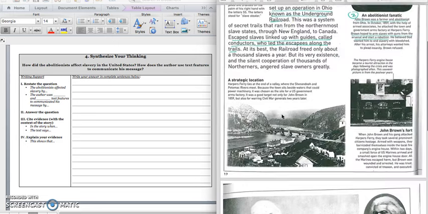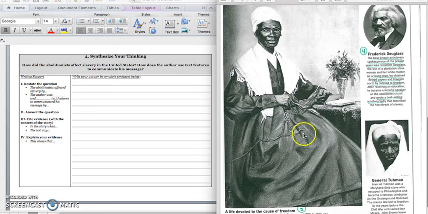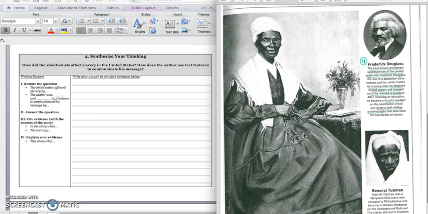I might choose Sojourner Truth just because her picture is so large, and we know that the author uses large, colorful pictures to communicate importance.